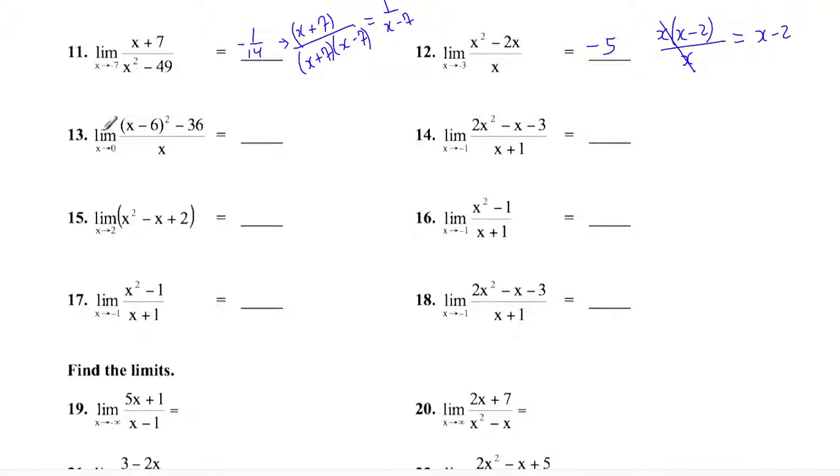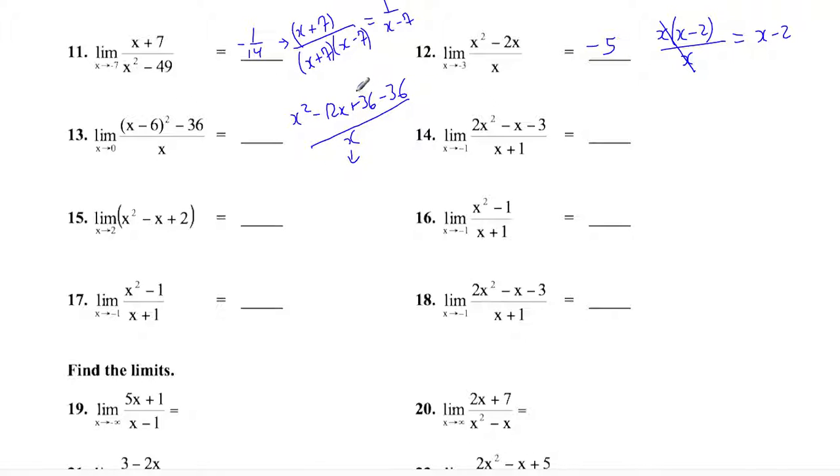Moving on, number 13 is a little bit weird because it looks like it's already factored, but we have this minus 36 there. So if I plug in 0 for x, I'm going to get undefined. So what's probably going to be best for me is if I multiply out this binomial squared and then simplify it down. So if I multiply that out, I get x squared minus 12x plus 36, and I still have that minus 36 over x.